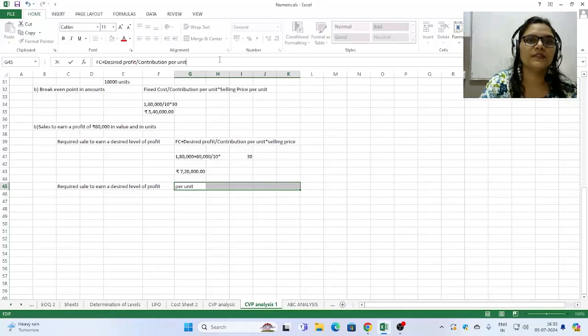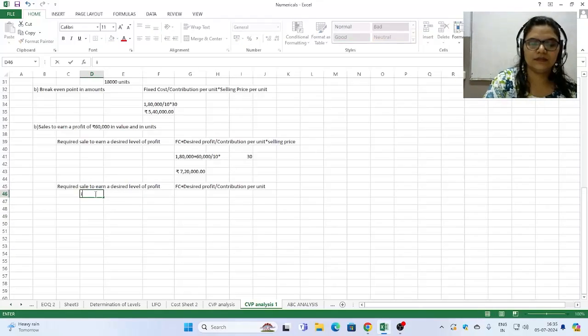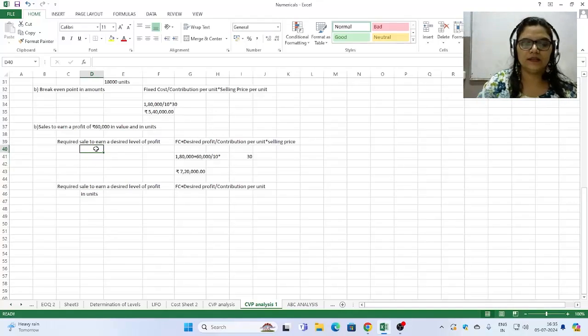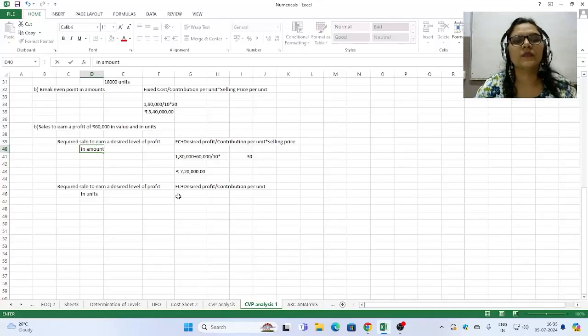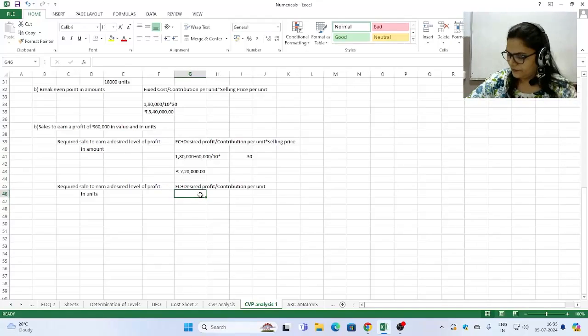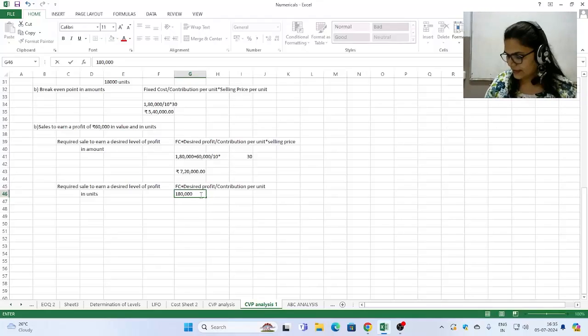We will remove selling price from the formula and we will get the required sales in units. This is in amount. So fixed cost plus desired profit, it will be 1,80,000 plus 60,000.